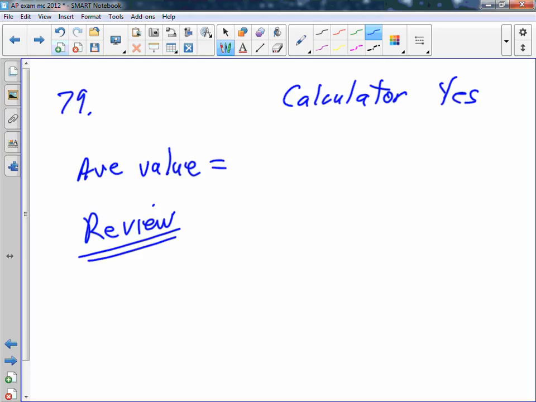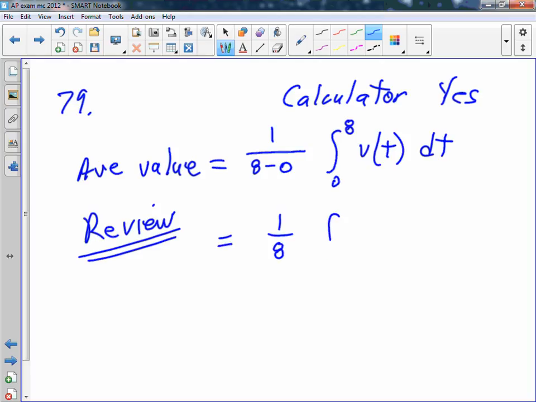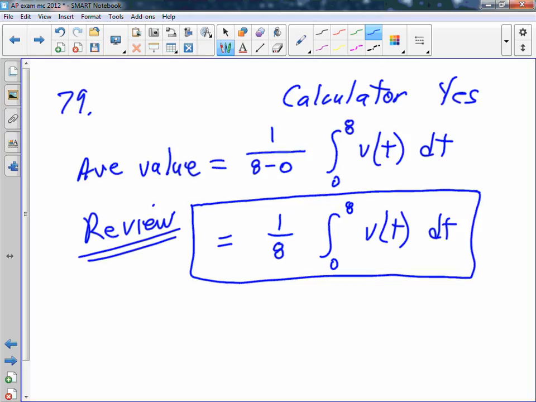Average value equals 1 over your limits of integration, which are 0 to 8, so 1 over 8 minus 0, times the integral from 0 to 8. The only thing you had to remember was this part right here. Now v of t dt, and you're done. That's all they want. Equals 1/8 times the integral from 0 to 8 of v of t dt. Why do they put that in the calculator section? You're done, and that's B.